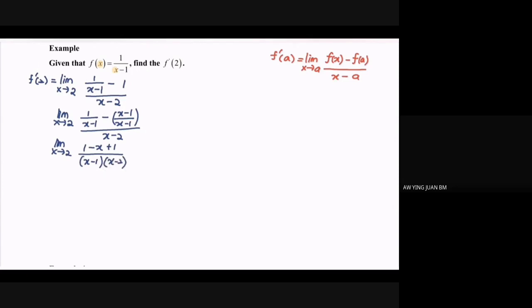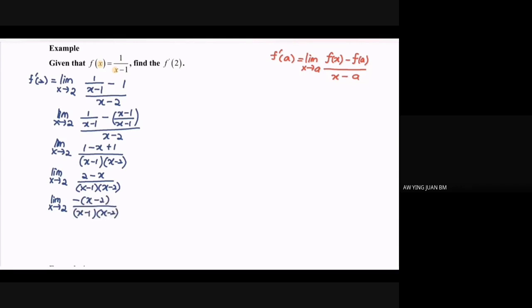So simplifying the situation, limits when x approaching 2, we will have 2 minus x over x minus 1, x minus 2. Next, I'm going to factorize the numerator, where we will have limits when x approaching 2, negative x minus 2 over x minus 1, x minus 2.